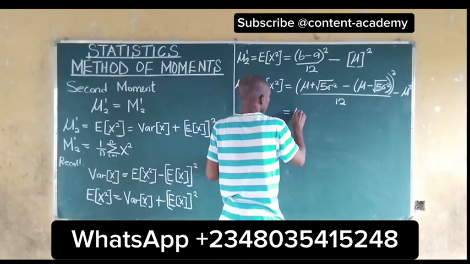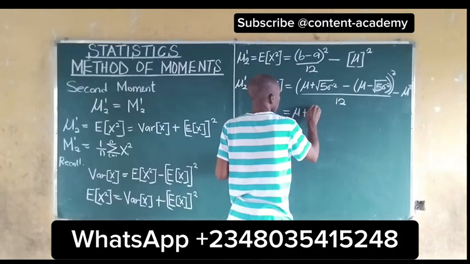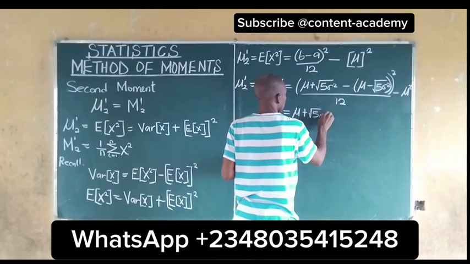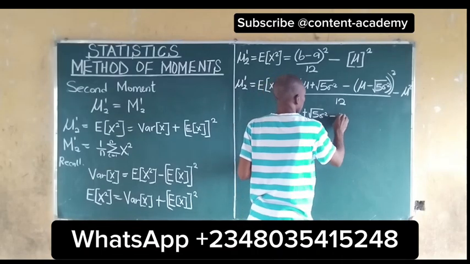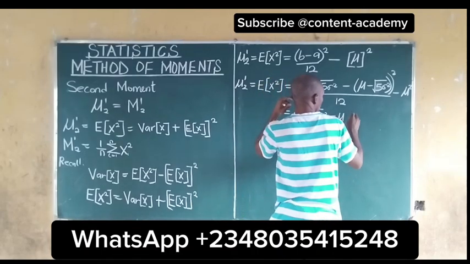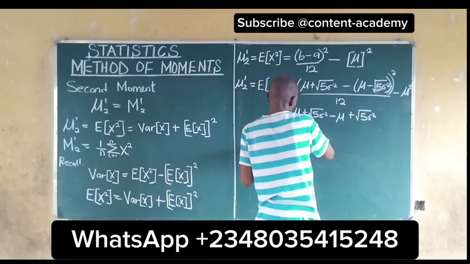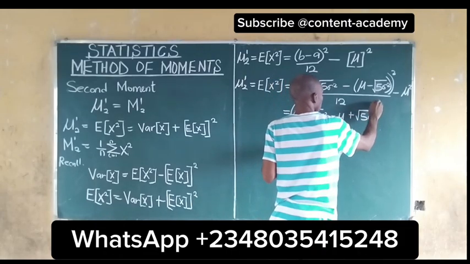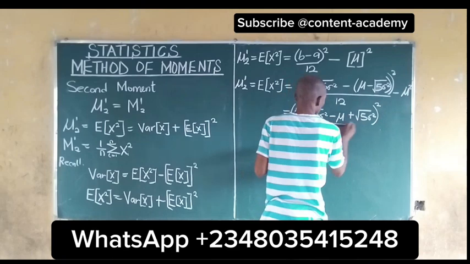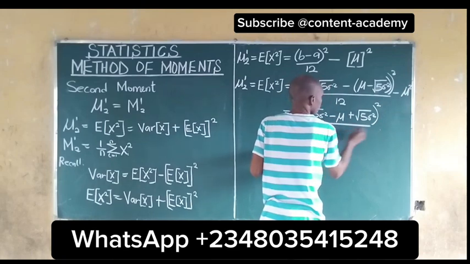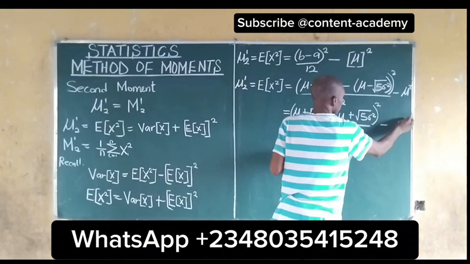So we open the bracket: 5 sigma squared minus mu plus 5 sigma squared, all over 12 minus mu squared.